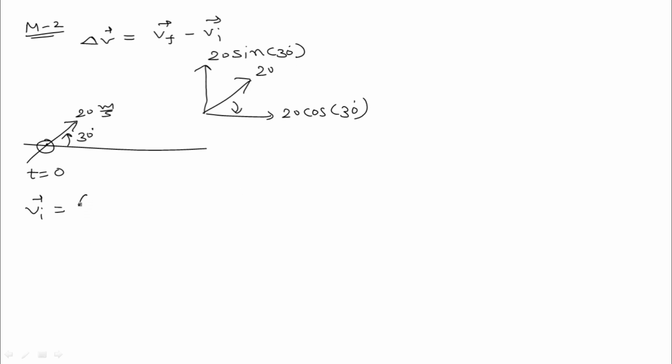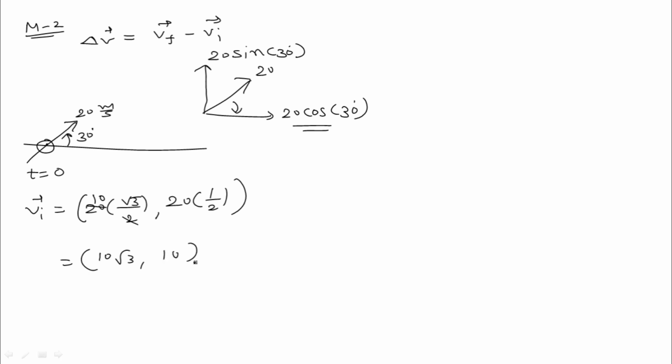So here we have initial velocity vector, x component would be 20 cos 30. Cos 30 means root 3 by 2, and 20 sin 30 as the y component of the velocity vector, sin 30 is 1 by 2. So 2 into 10 is equal to 20, 10 root 3, and here 10.